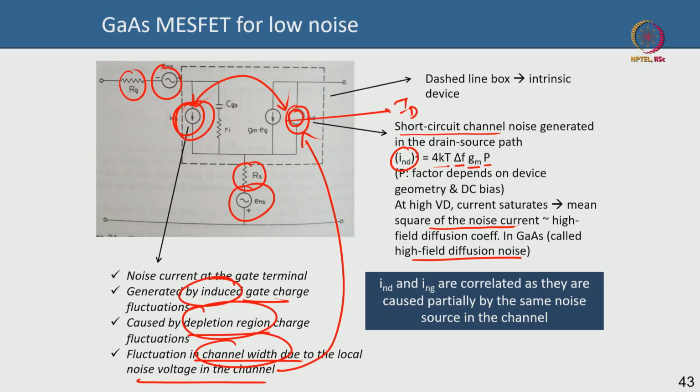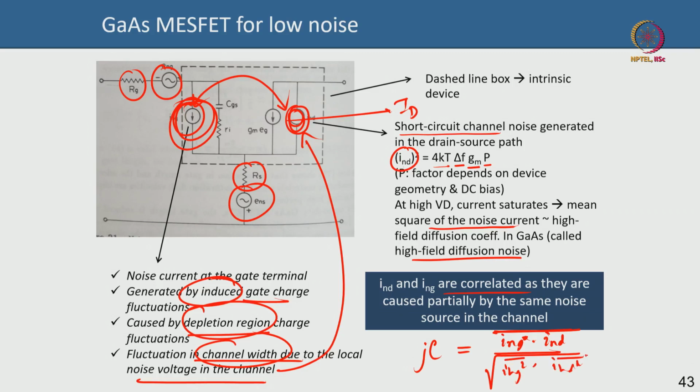There is a correlation coefficient, j times C. It goes as I_ng star, the complex conjugate of this quantity, times I_nd, and you take the modulus, or the average of the product, divided by the square root of I_ng squared times I_nd squared.